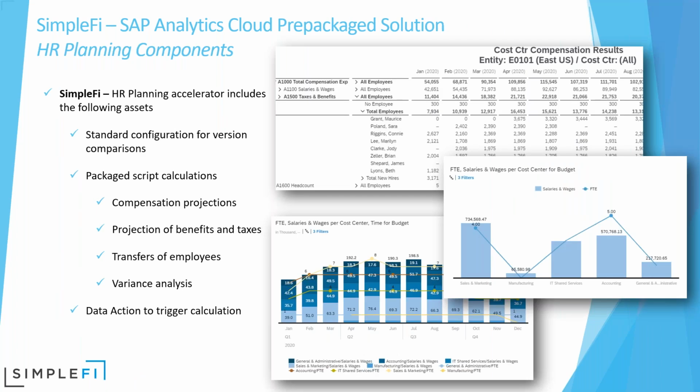So just talking briefly, I mentioned a couple of those in the last slide, but maybe peeling back a little bit, what is exactly included in the accelerator that we have built? It really has the following assets. We've got the standard configuration for version comparisons, which ultimately leads to variance reporting and such.